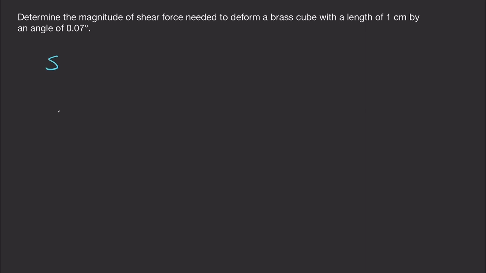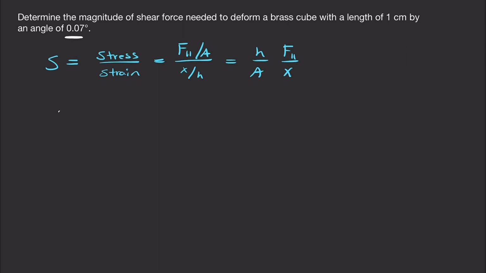So our shear modulus is the stress over strain, which is F parallel over A, so our pressure, divided by X over H. And so again, we can write this as H over A times F parallel over X. But H over X, we said, for very small angles, which this qualifies as a very small angle, we can write this now as F parallel divided by the area times phi.